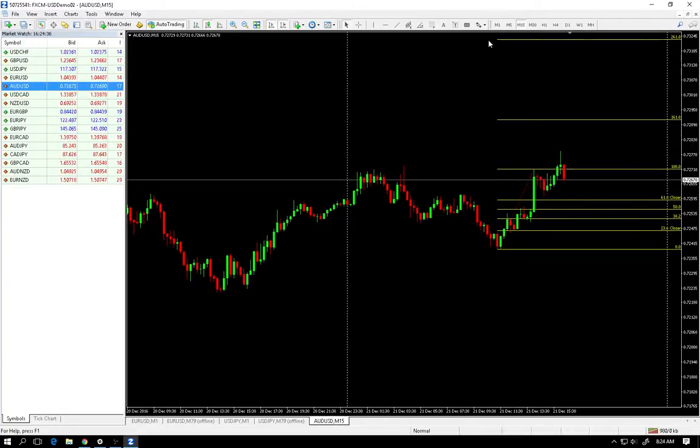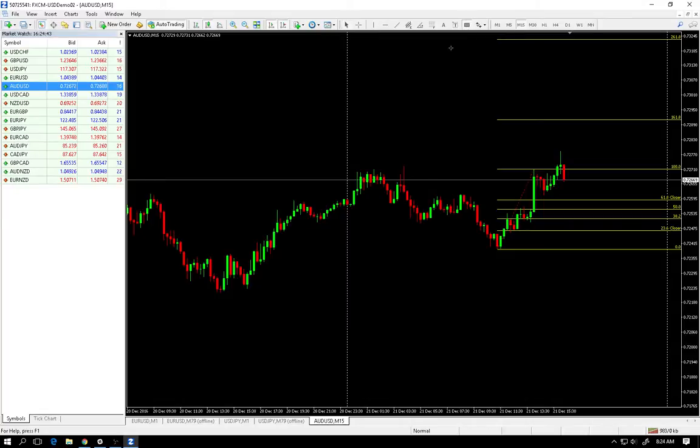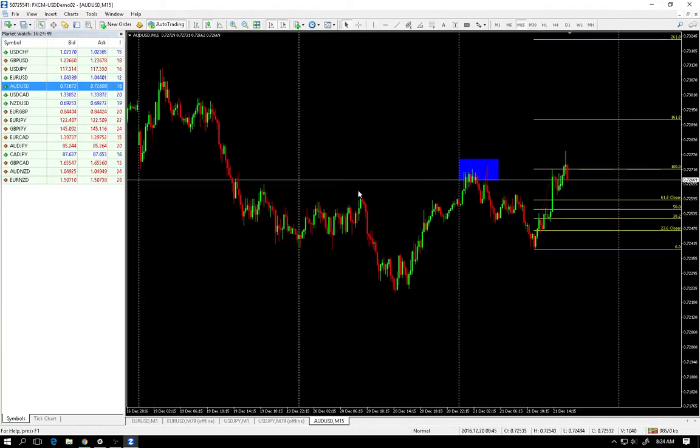So here we have it, but what do we have to the left? The 100 line, all it does is reinforce the fact that we do have a resistance over here that it has to push through. And if we look out a little bit, I can say look to the left. Here's another one here. It did push through that one a little bit, though. So as we can see, price stalled out here and moved through, and now we're getting a drop. Right as it came out of 100, it's moving back down.